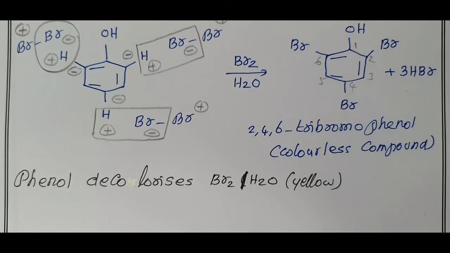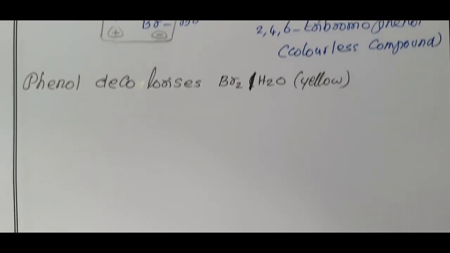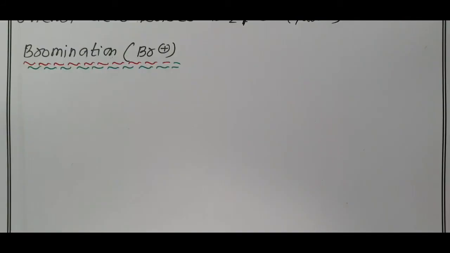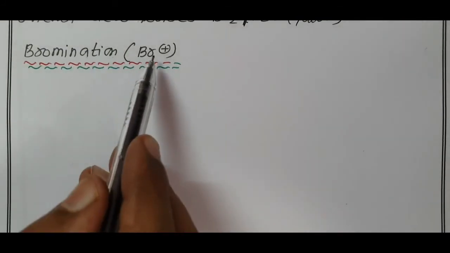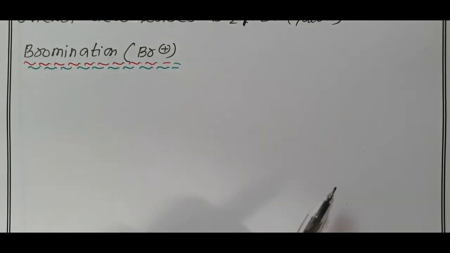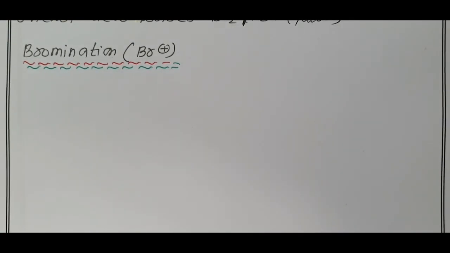And one more bromination we have by changing the solvent. Now we are going to use a low polar solvent. Next is also bromination, addition of the Br plus electrophile to the benzene nucleus. But in the above reaction we used Br2 H2O, where water is a highly polar solvent.